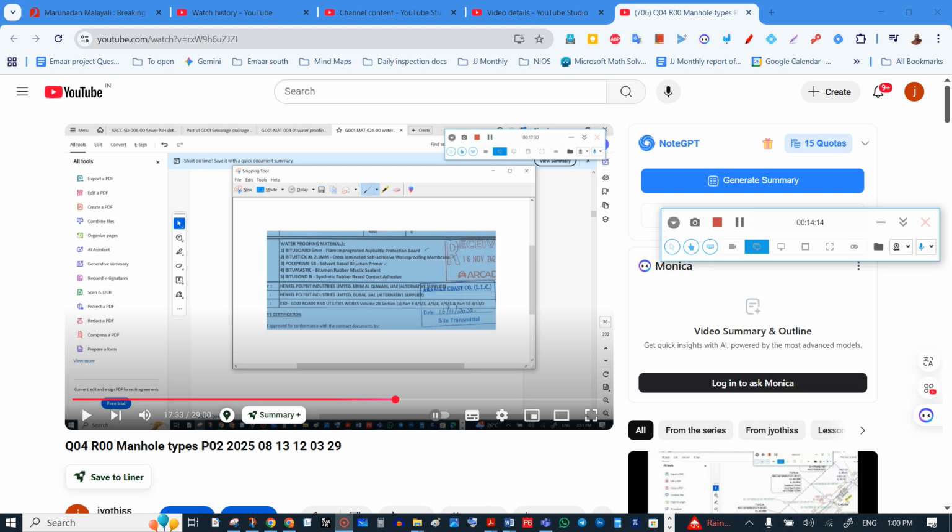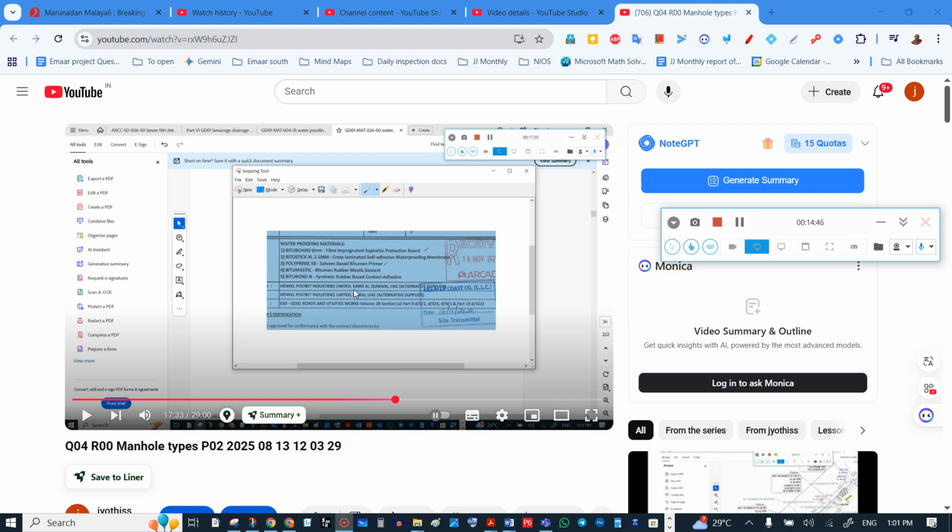Here we explained how we are using polyprime SB, solvent based bitumen primer, and B2 chip XL 2.1 mm, and over that the B2 board for our sewerage and stormwater manholes. Now we will discuss how it is applied with the detailed specification.